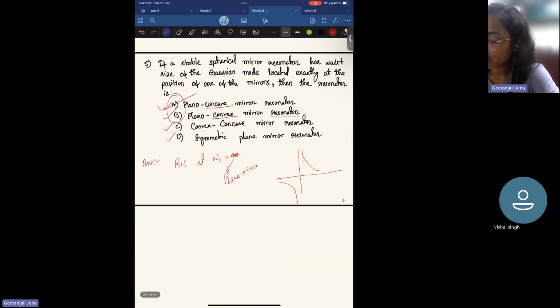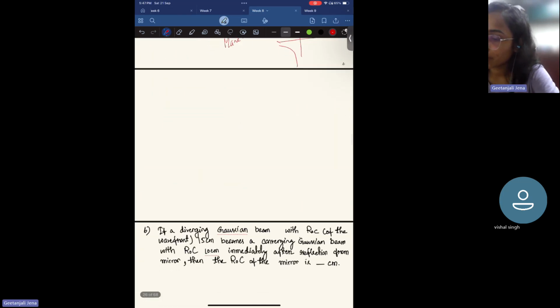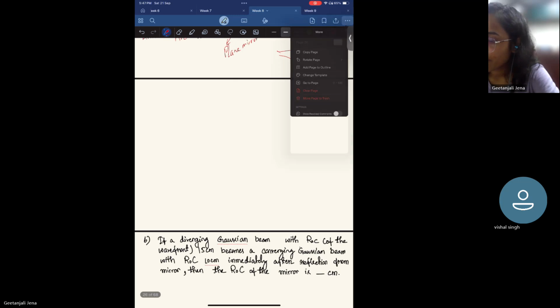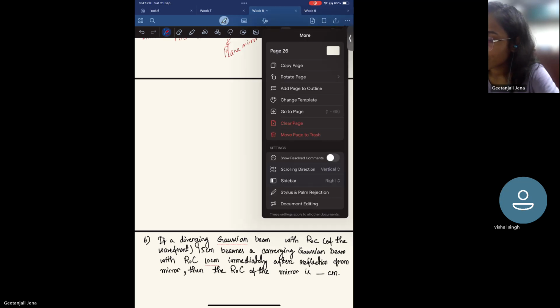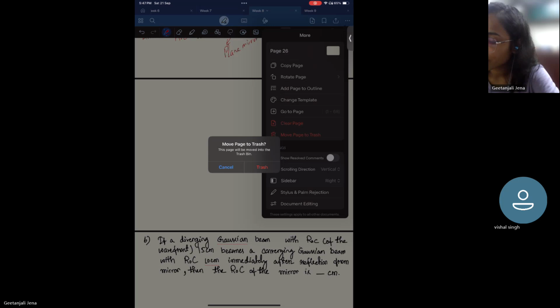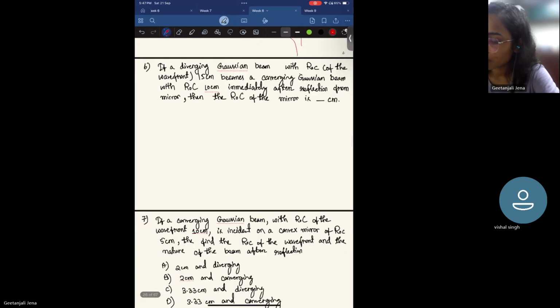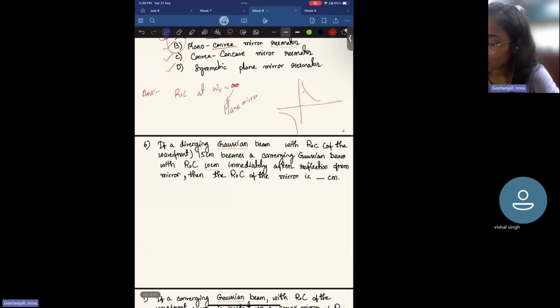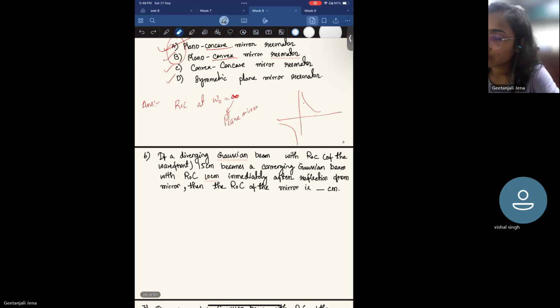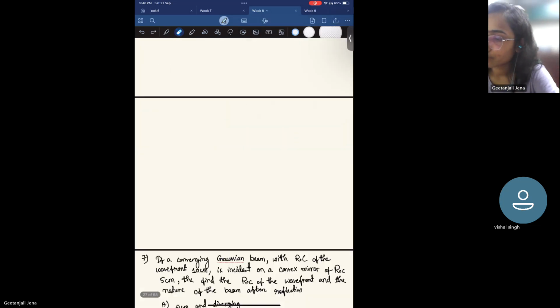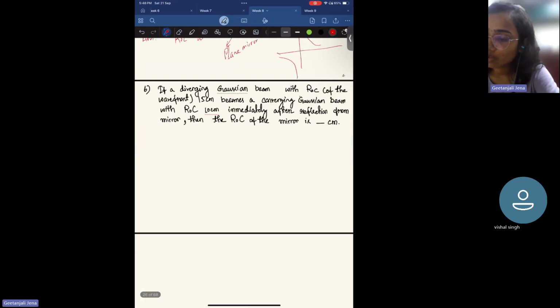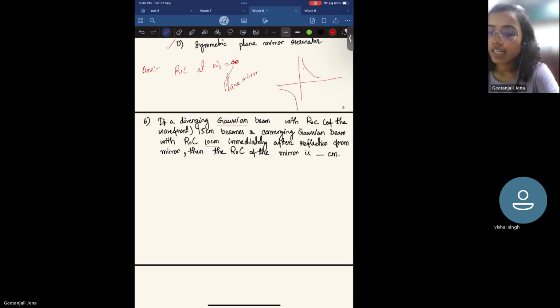Okay, so now let us move to our next problem. This is a numerical problem. The question says, if a diverging Gaussian beam with ROC of wavefront 15 centimeter becomes a converging beam.